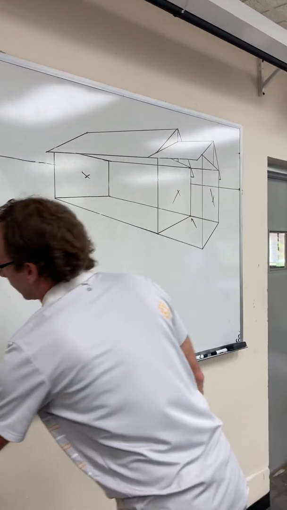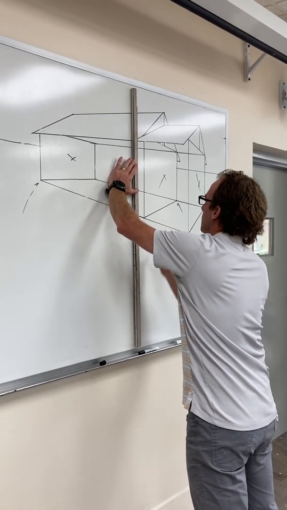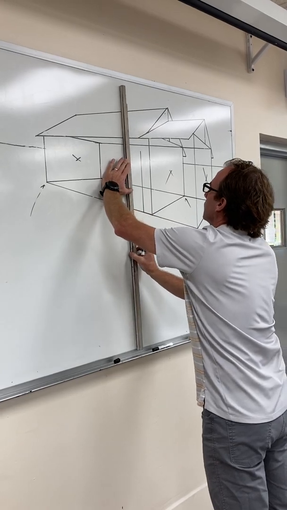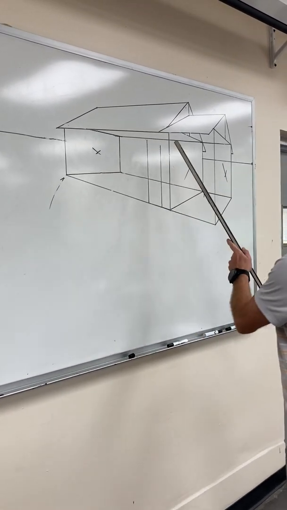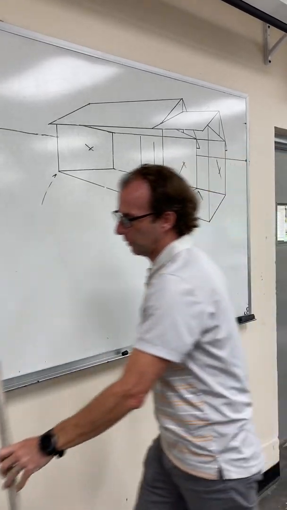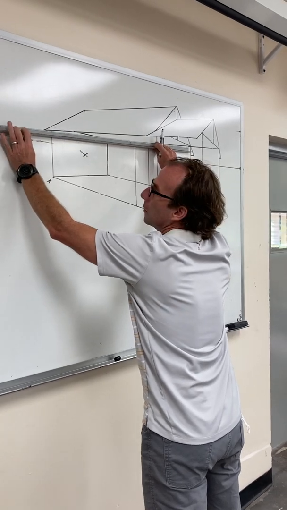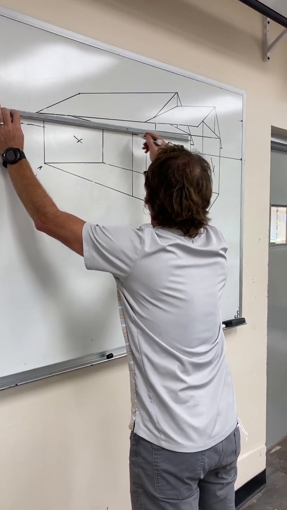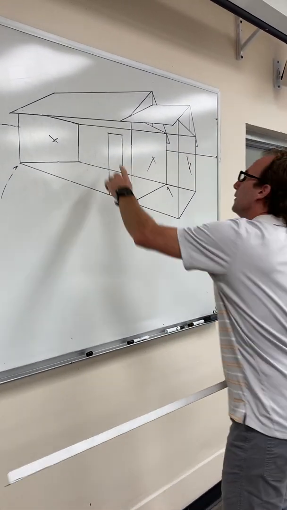Next thing I want to do is I want to go ahead and add a door. So I'm just going to draw 2 vertical lines for my front door, okay? Now I'm going to go from this point here back to the vanishing point. Like this. It's almost flat across because I'm so close to my horizon line.